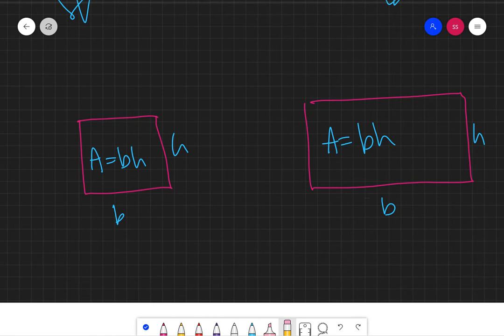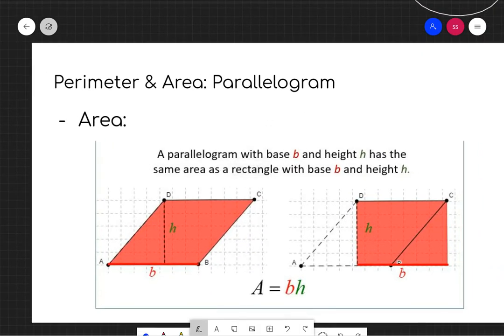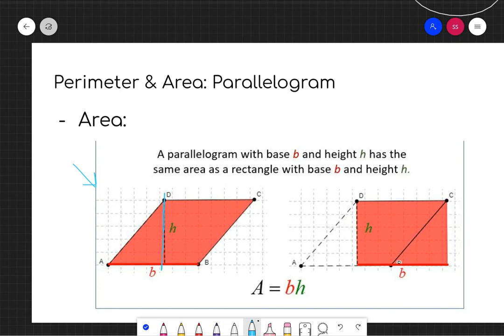Base times height. Now, the tricky part is the slanted parallelogram that we see here. This one right here. Take a look though, because see this line right here?